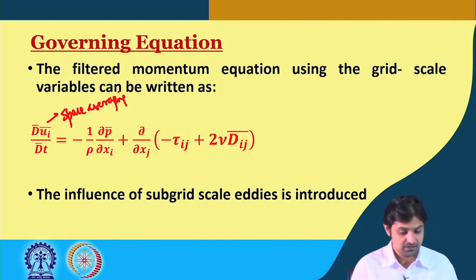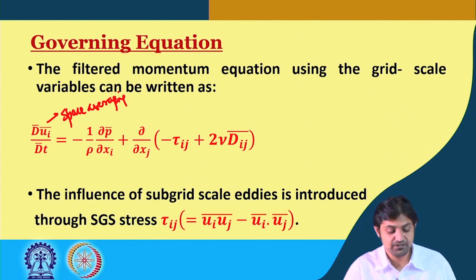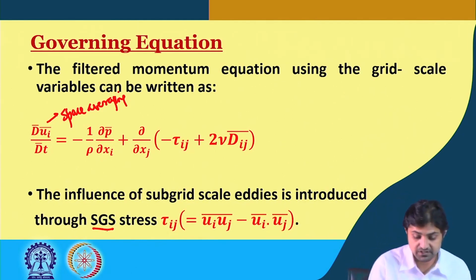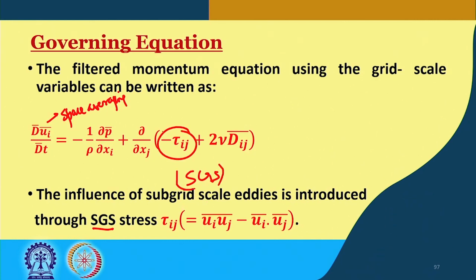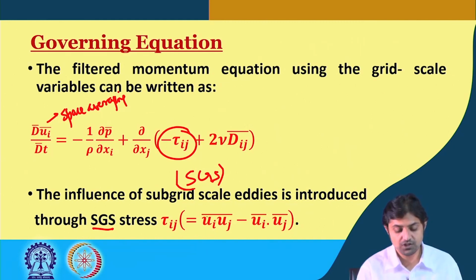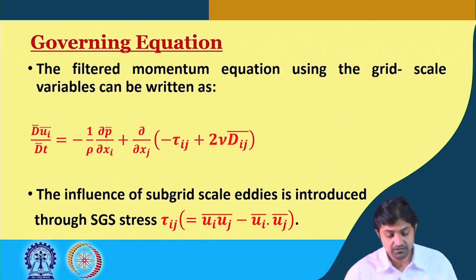The influence of subgrid scale eddies is introduced through the SGS stress, subgrid scale stress, and that is written as tau ij. You see here is a term tau ij similar to the Navier-Stokes equation, and that is written as u_i u_j whole bar minus u_i bar into u_j bar. These are again space averaged in LES.